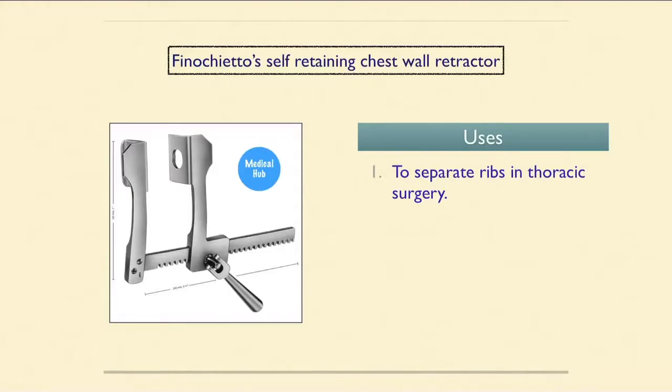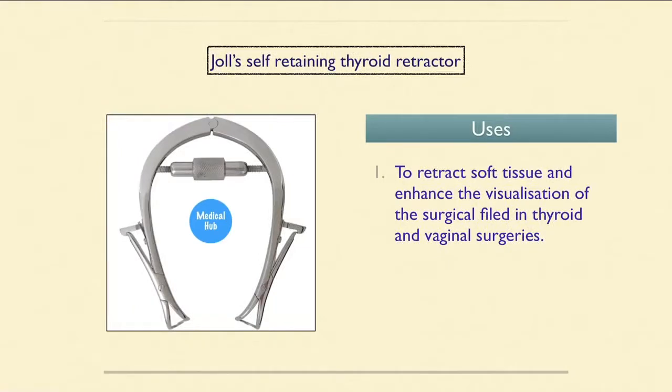It is used to separate ribs in thoracic surgery. Next is Joll's self-retaining thyroid retractor. It is used to retract soft tissue and enhance visualization of the surgical field in thyroid and vaginal surgeries.